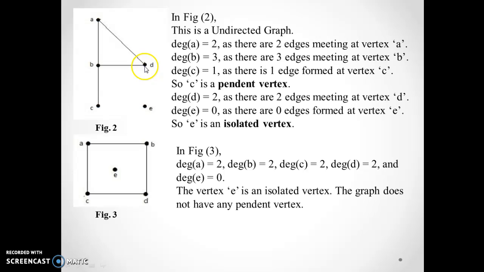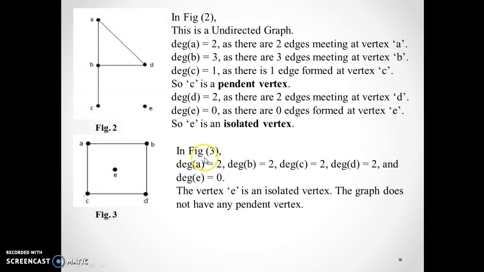The degree of D is equal to 2, as there are two edges meeting at vertex D. The degree of E is equal to 0 because there are 0 edges at the vertex E. So, E is called an isolated vertex.